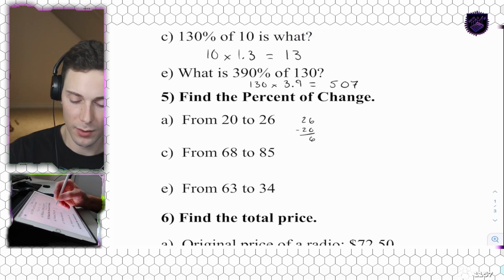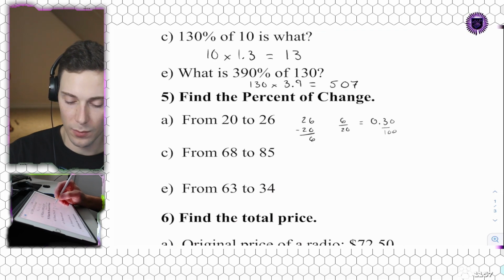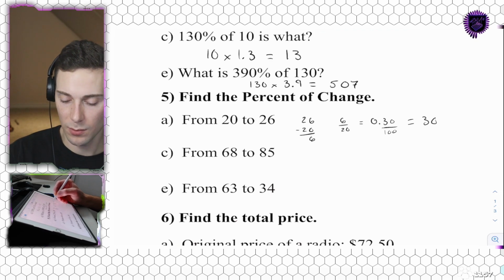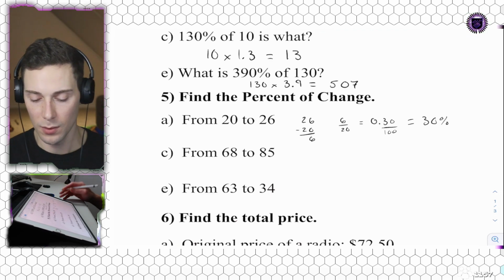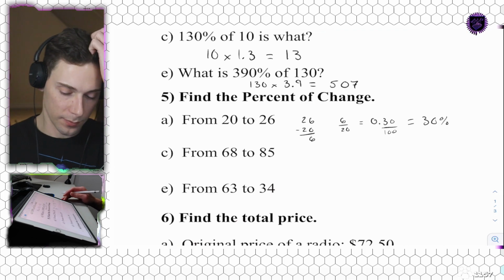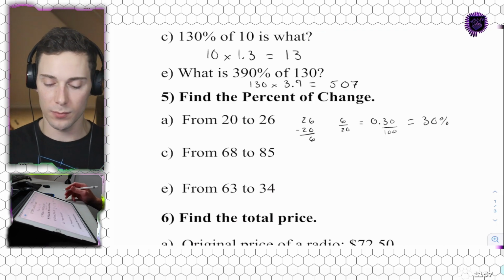Difference is 6. 6 divided by 20 is equal to 0.3, and that is going to be 30%.